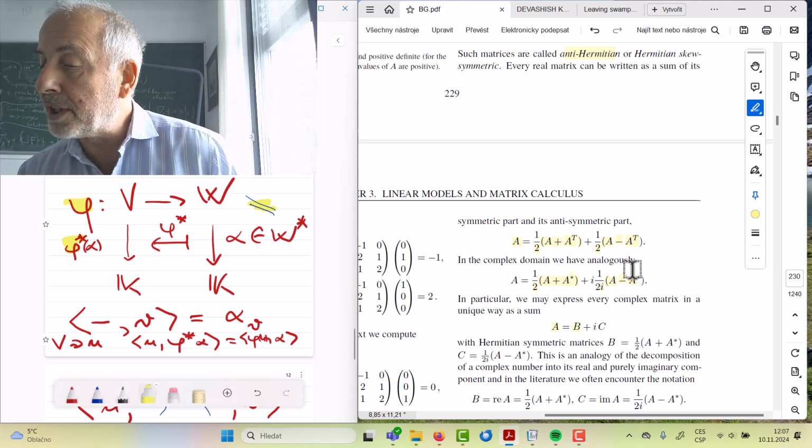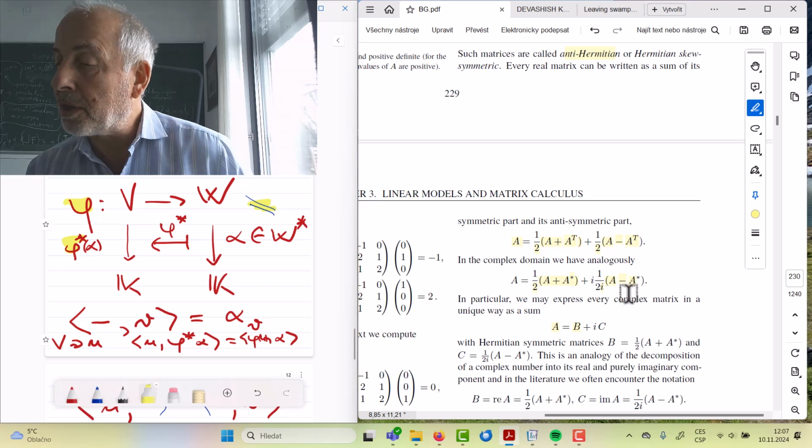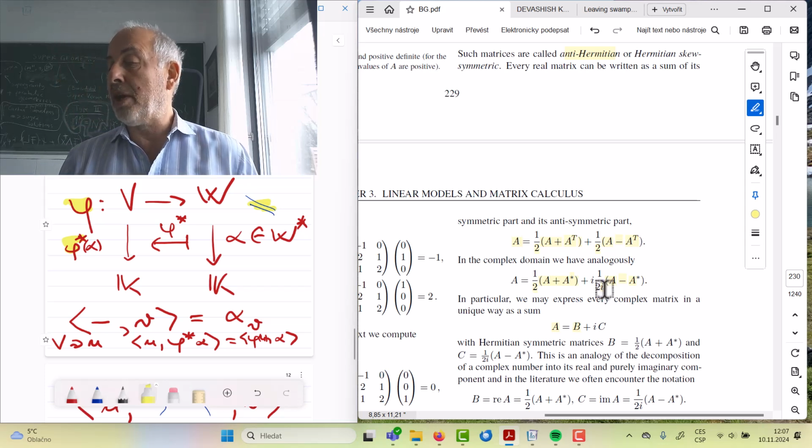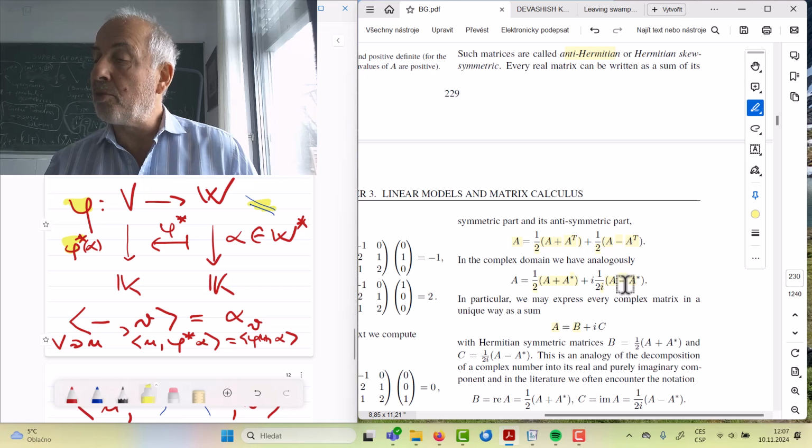Because you can easily see that if you hit the whole thing with a star, because of the 1/2i downstairs, it will become Hermitian, right? Because this minus sign from here cancels the minus sign from here.